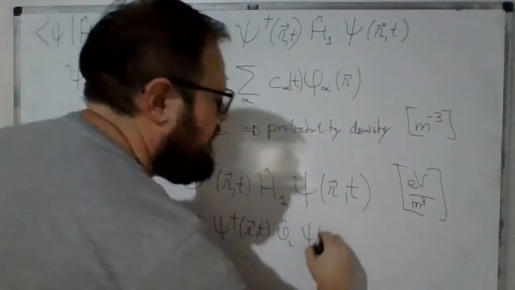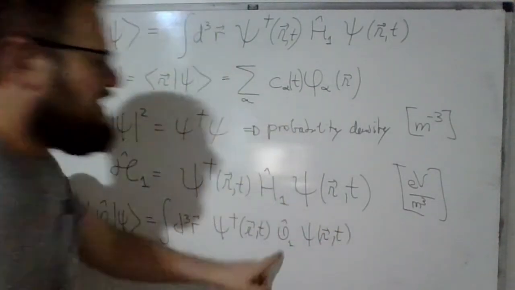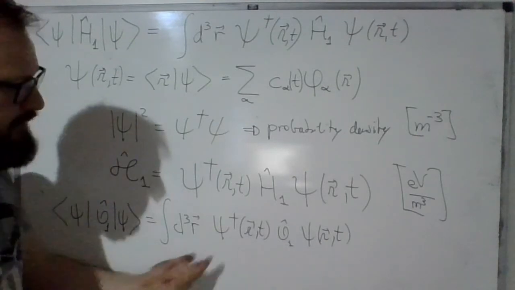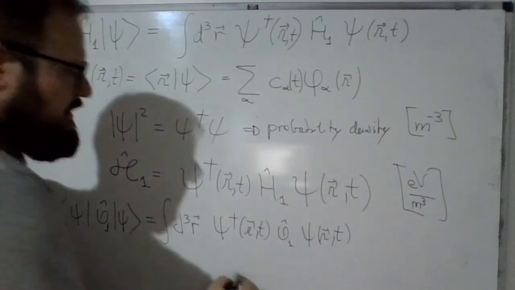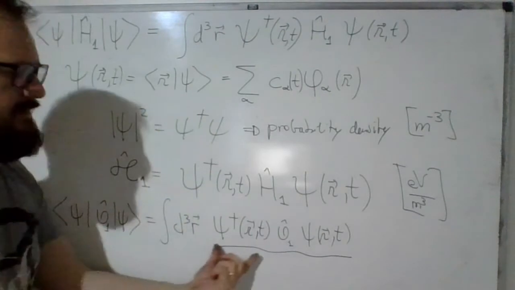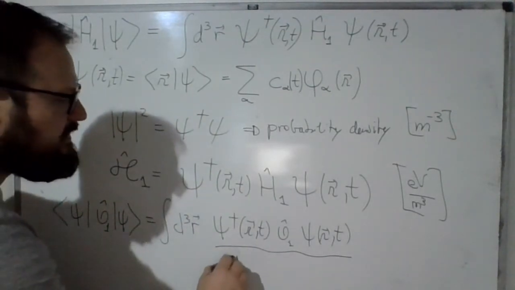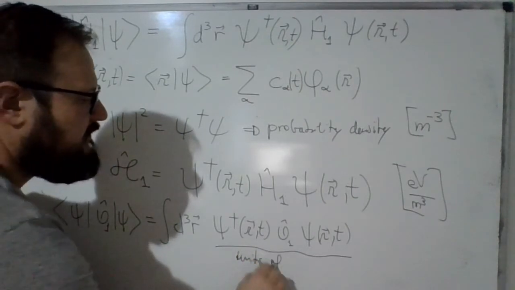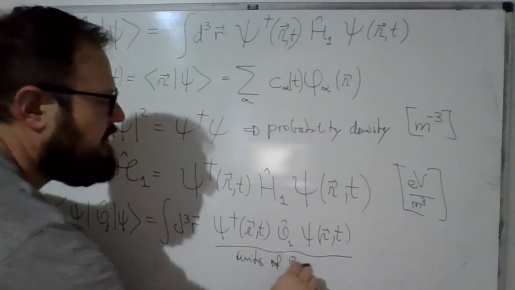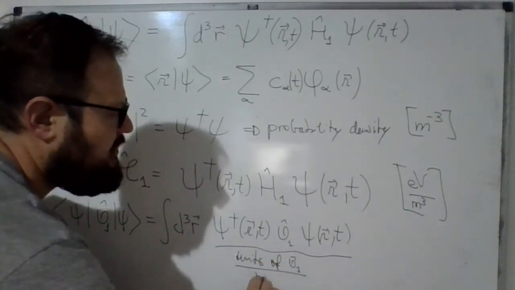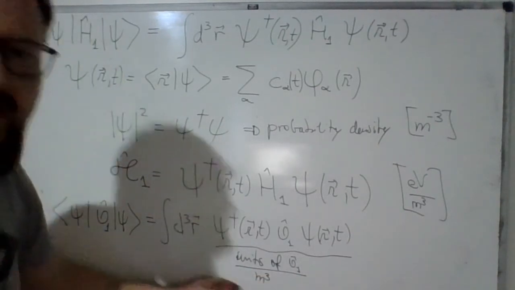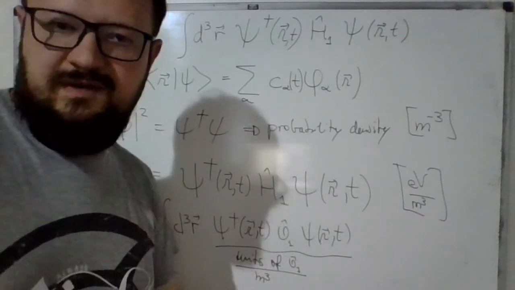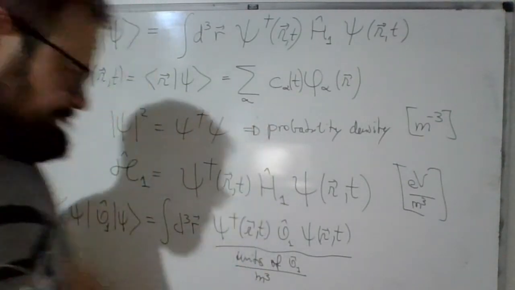All right. So if you have any given operator, it could be a vector operator, it could be anything. This quantity here would be measured in units of O1 divided by cubic meters, or whatever the units of your system of physical units, okay?